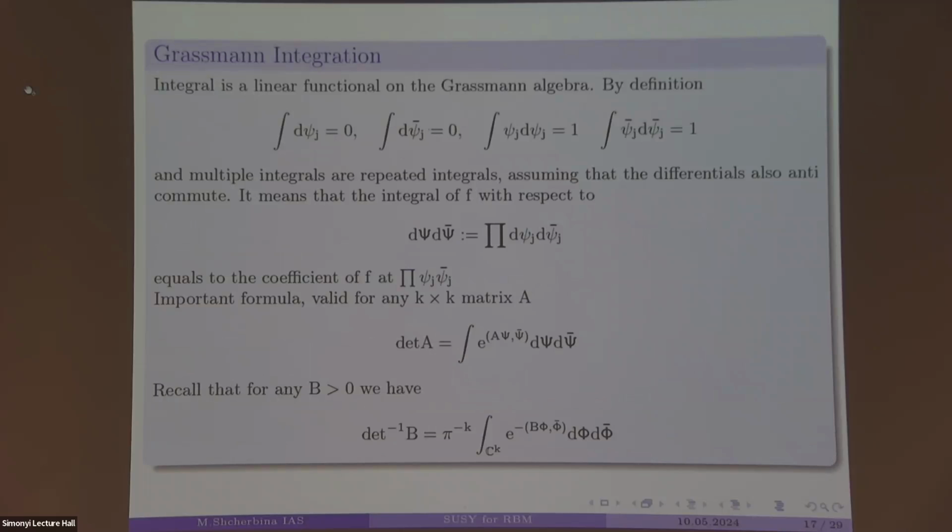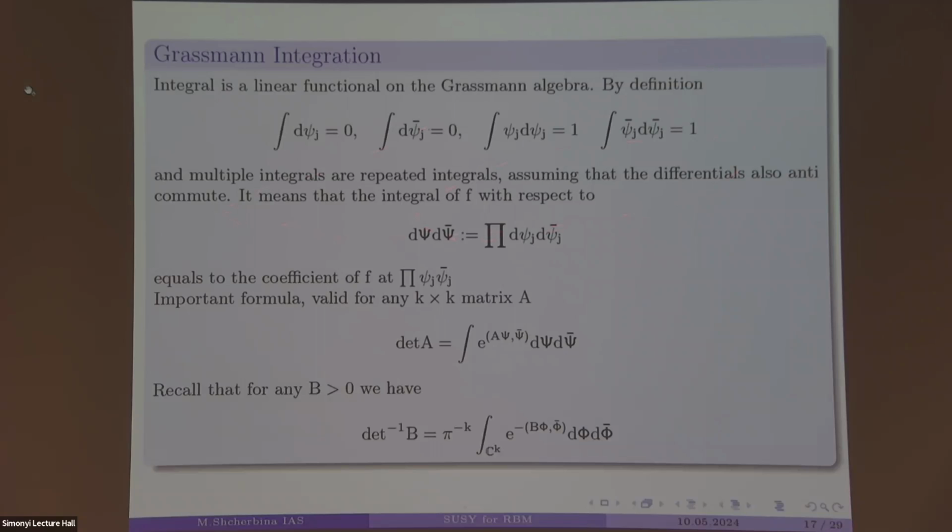So we write that the integral of d psi is 0, and the integral of psi d psi is 1, and the same for psi bar. And then we agree that a multiple integral is a repeated integral, and the differential signs also anti-commute. So there is some fixed order written here.